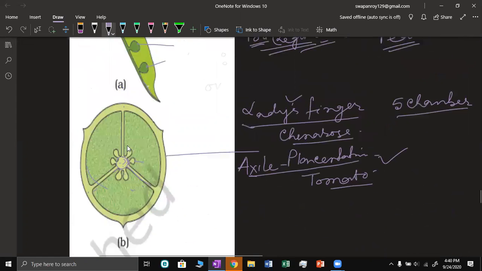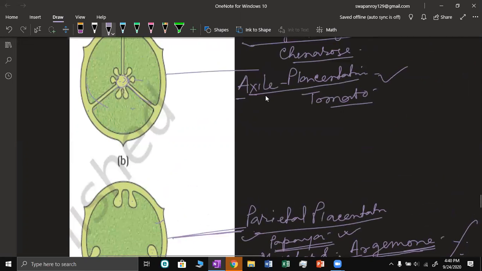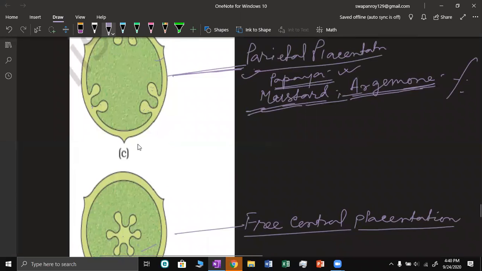But in axile placentation the ovary is several chambered. Here we can see three chambered; in some cases it is two chambered, like in tomato and potato, and in lady's finger it is five chambered.